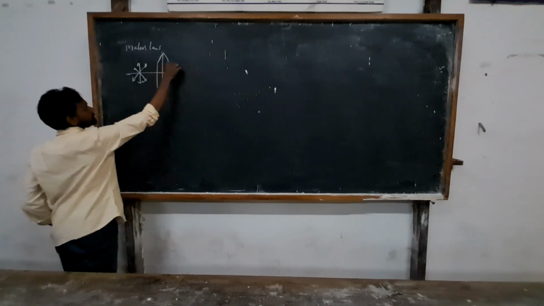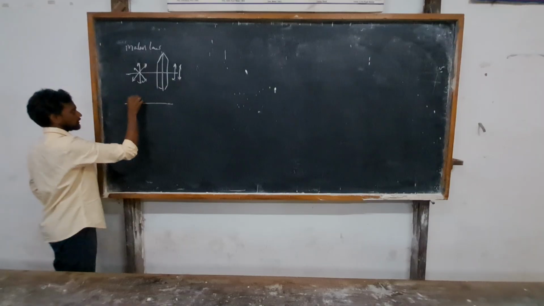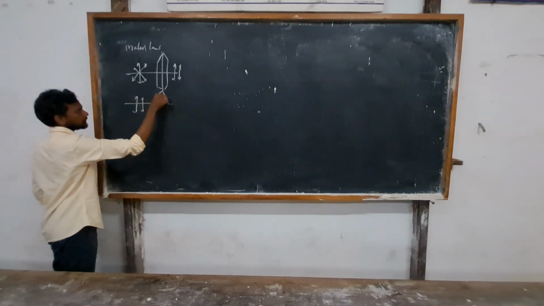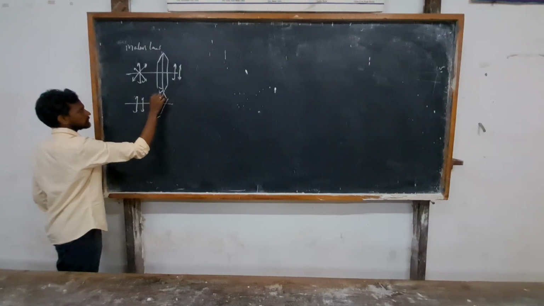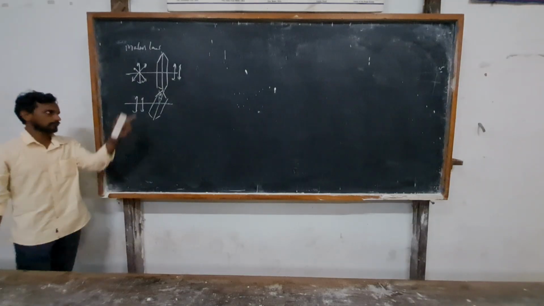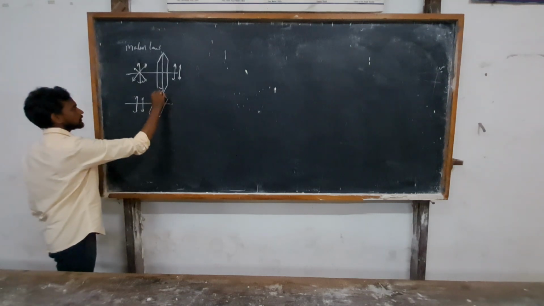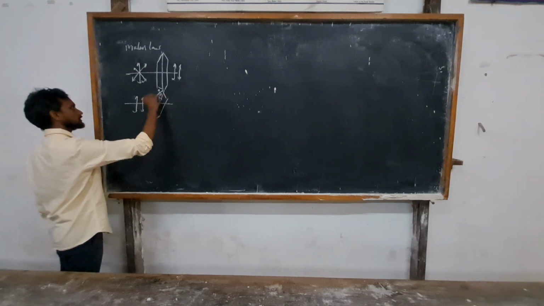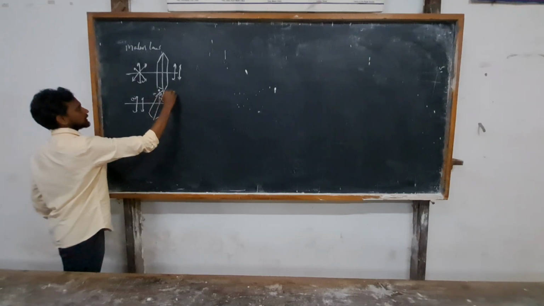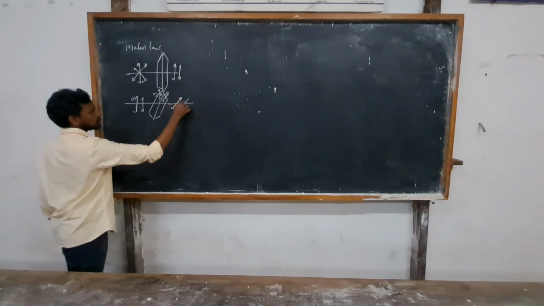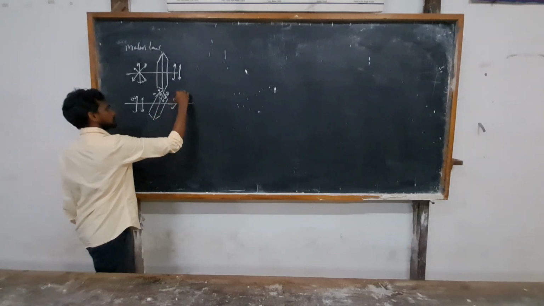A component of the light along the optic axis will be transferred, and when polarized light falls on the crystal, which is placed at an angle theta with the incident polarization direction, let's say the optic axis makes an angle theta with the incident polarization direction, the cosine component of the amplitude, let's say this amplitude is A, and the cosine component is A cos theta, will be transferred through the crystal. This is A cos theta.